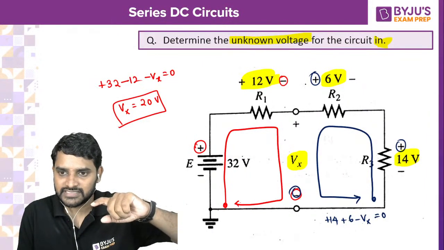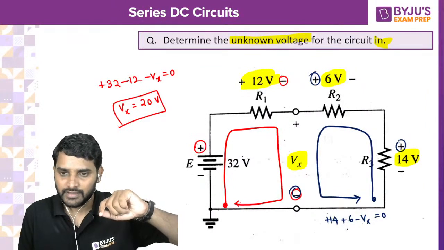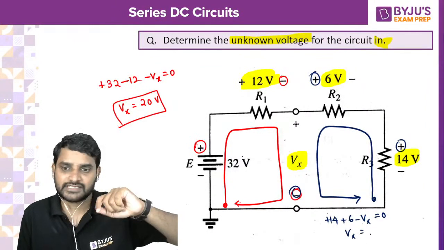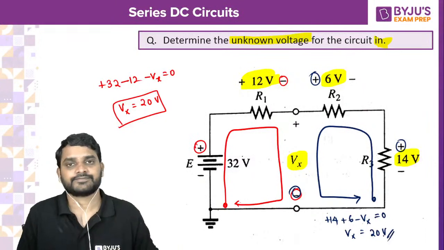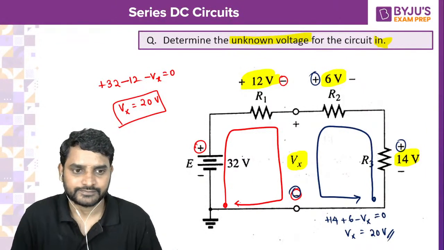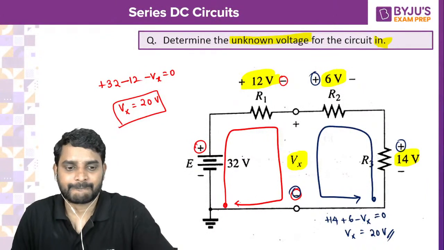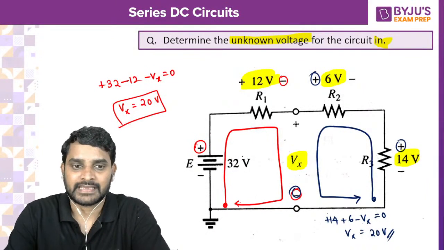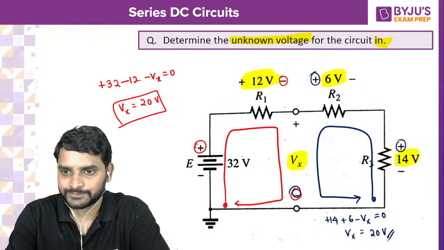So Vx is equal to 20 volts. Okay, is this clear for everyone so far? Respond.